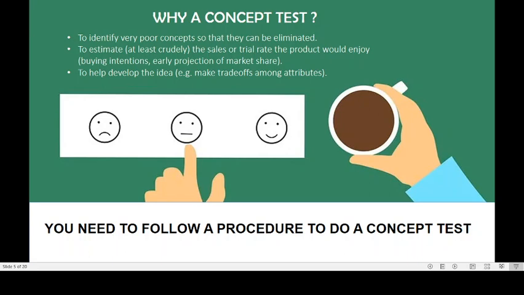So the product would enjoy the buying intention and the early projection of the market share. And last, having a concept test can help to develop the idea or make trade-offs among attributes. So knowing that these are the purposes of having a concept test, I will move on.